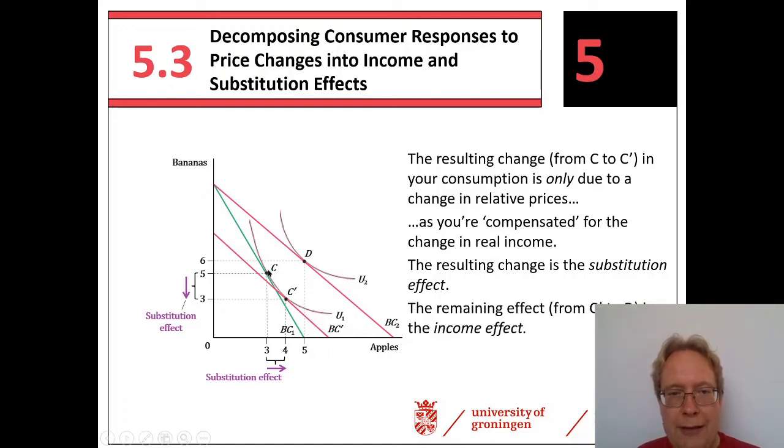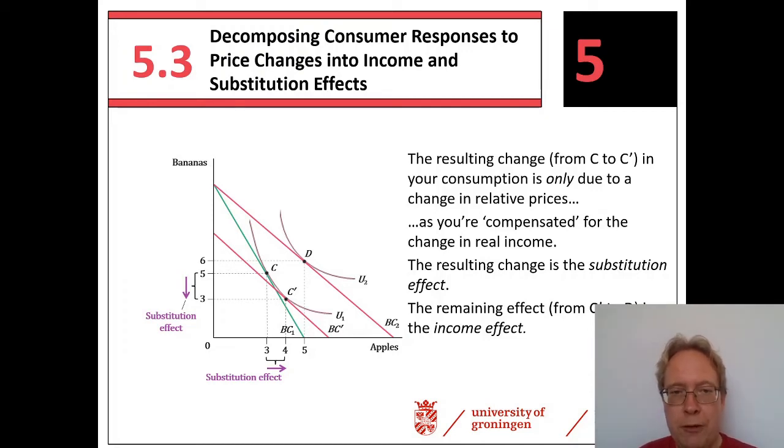So the total effect is 2 from C to D in terms of apples, from 3 to 5. The substitution effect is 1. So the income effect, that's the other 1, right? That's the move from 4 to 5. So in this situation, because relative prices have changed, my consumption of apples has gone up from 3 to 4. Apples are now relatively cheaper.